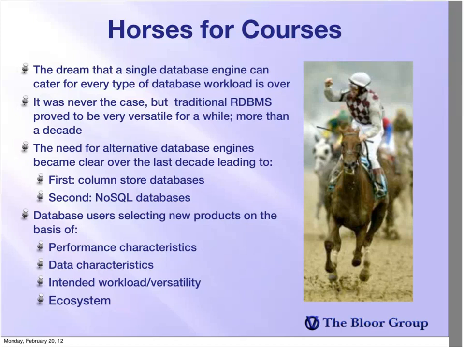Then there's data characteristics. Some data is lumpy. Maybe you have a vast amount of data, but they're all kind of documents of one sort or another. Or maybe you have just log data, and it doesn't vary a whole heap. Or maybe you've got an awful lot of sparse data, and that would be a different data characteristic.